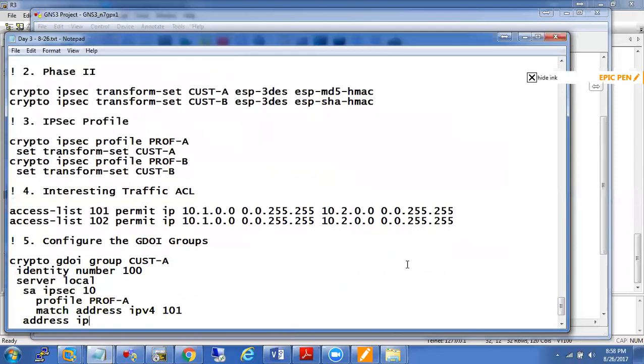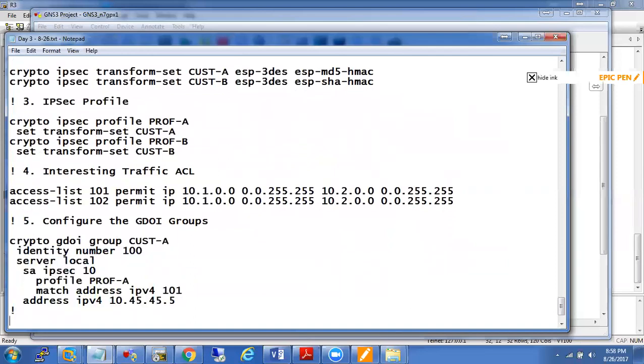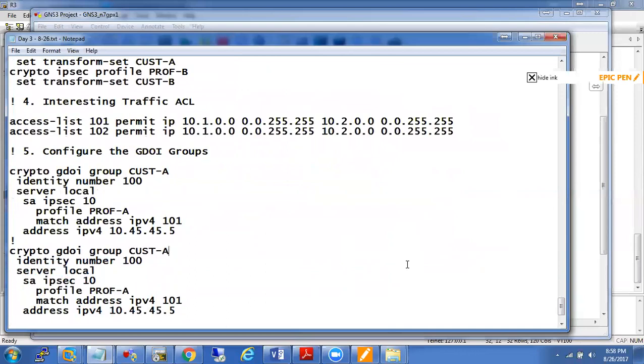Address is the same for both of them. And this would be for B: 20, the name will change to B, and this will change to 102. Everybody okay with this? So I did the same thing. I just have 2 different groups, 2 different ACLs, because I have 2 different sets. This is on the key server. Nothing to do with the VRF, but I have to have that reachability before I get to this point.